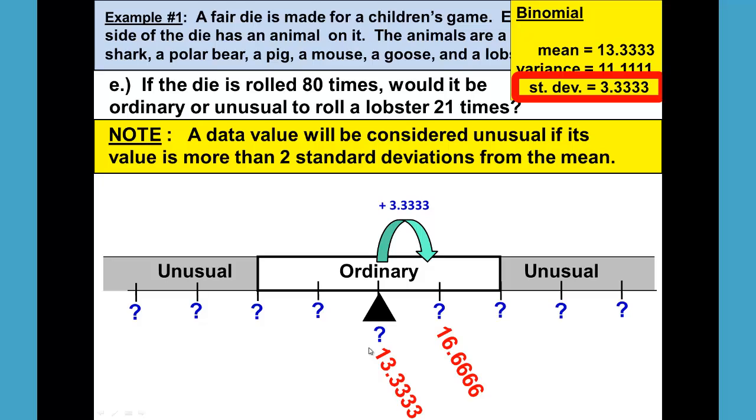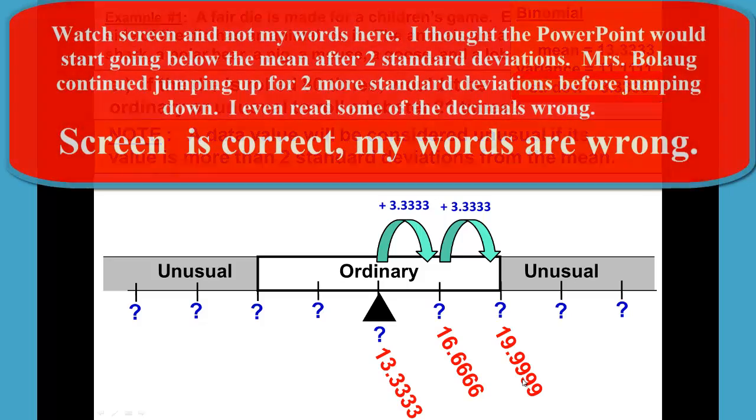As we move in the positive direction, we will add 3.3333. The first time we do that, we get 16.6666. The next time we get 19.9999, and 19.9999 is 2 standard deviations above the mean.